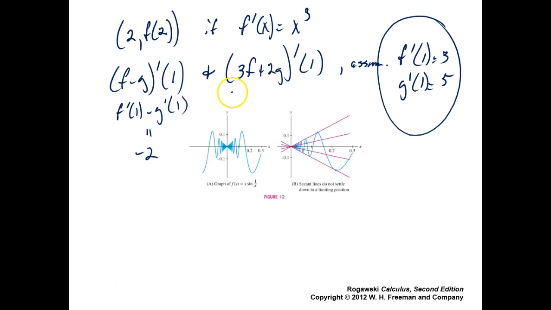And these, by the way, are called the linearity laws, and they're true. 3 f prime of 1 plus 2 g prime of 1. Wouldn't you hope that to be true? That the derivative of a sum of 2 products would be the sum of the derivatives of the 2 products, right?